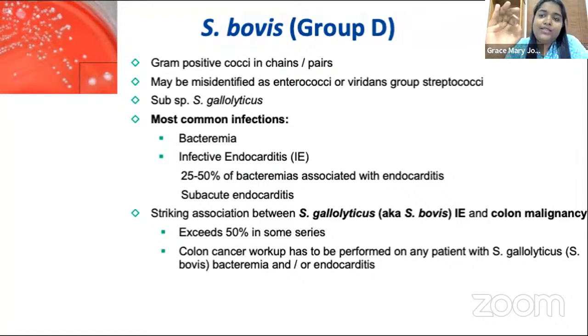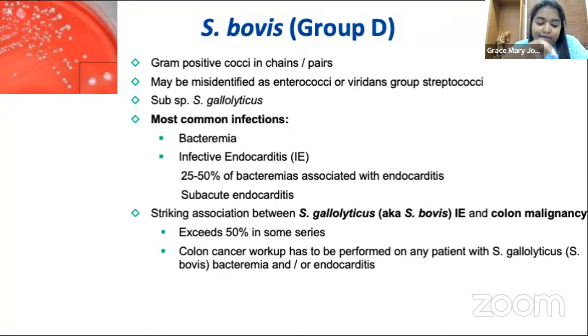And one thing you need to know about this bug is that if you isolate Streptococcus bovis or Streptococcus gallolyticus, the subspecies, it is associated with a high risk of malignancy, colon cancer.